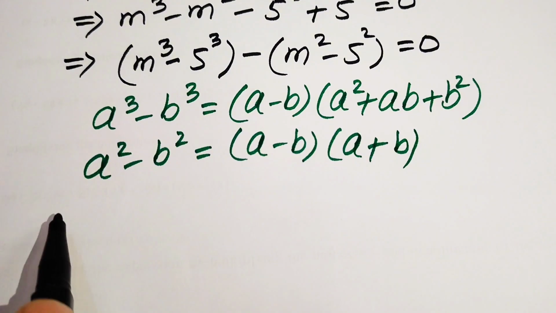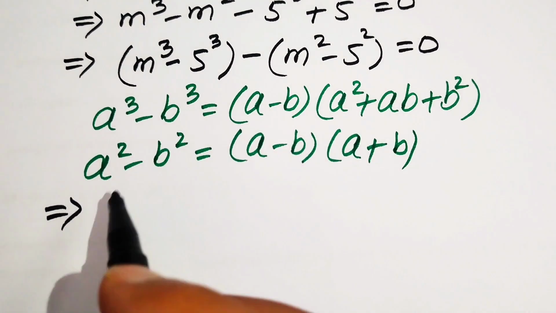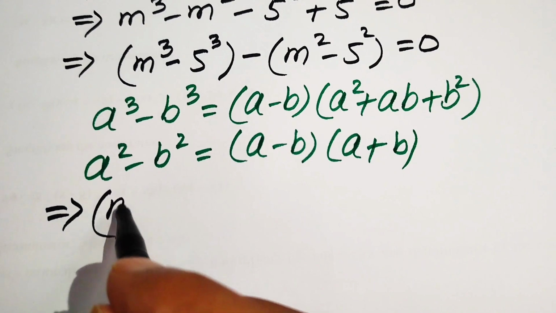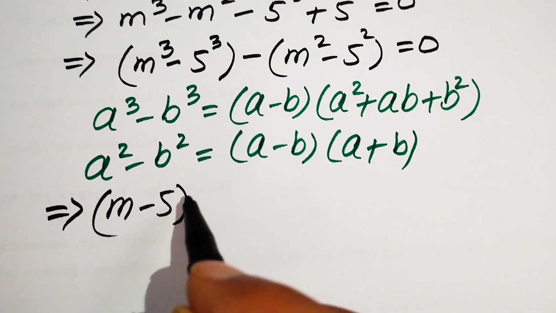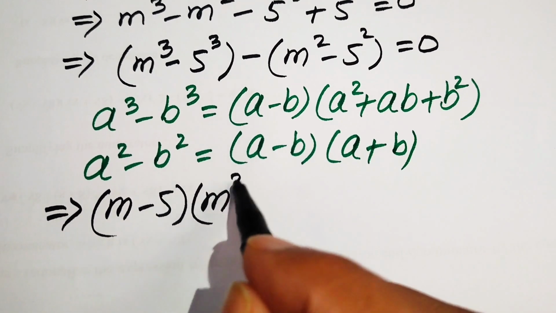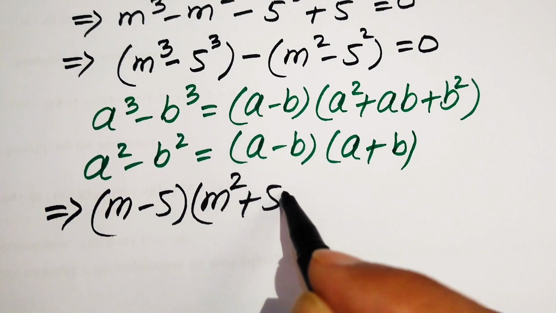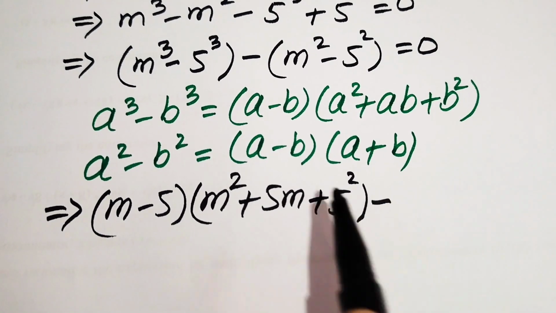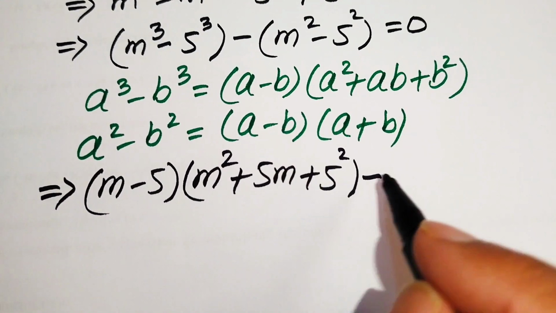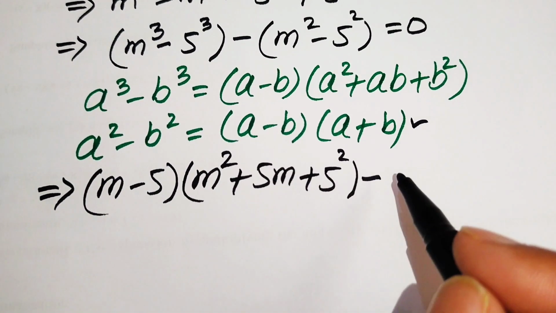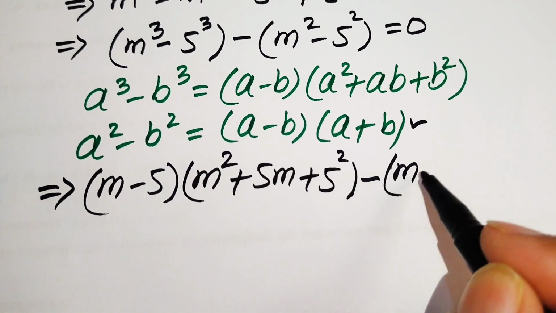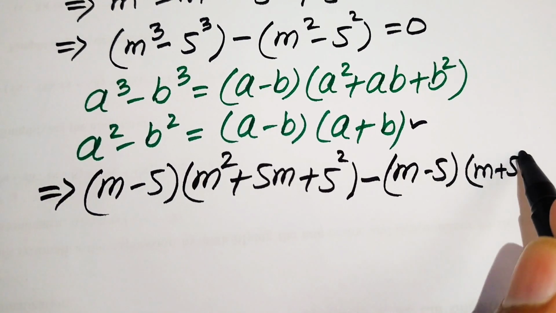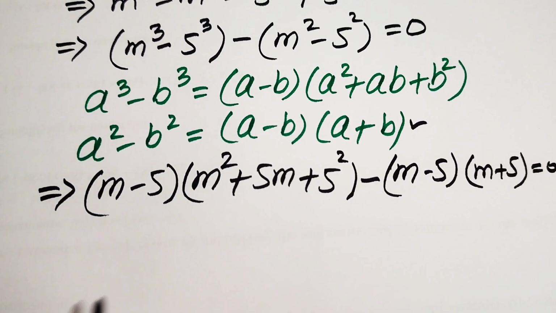After applying these two formulas, our equation will be written as m cubed minus 5 cubed, which equals m minus 5 times m squared plus 5m plus 5 squared, and minus the square identity, which becomes m minus 5 times m plus 5, equals 0.